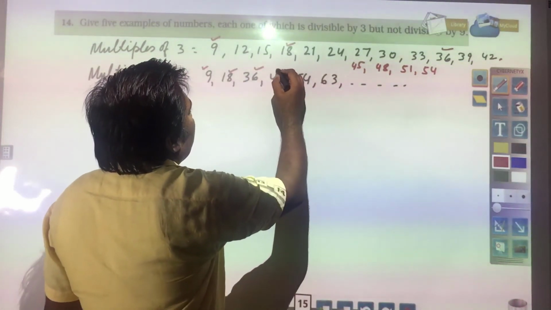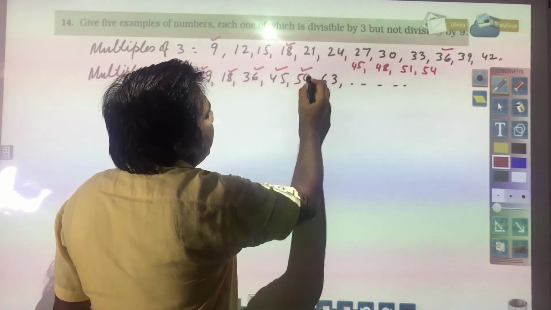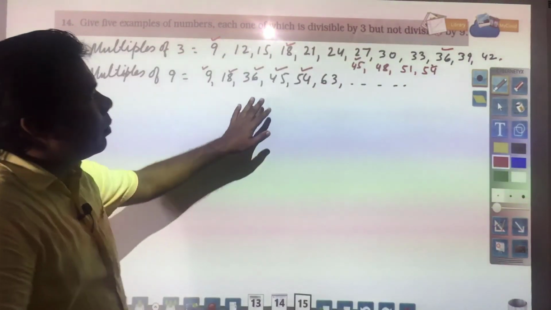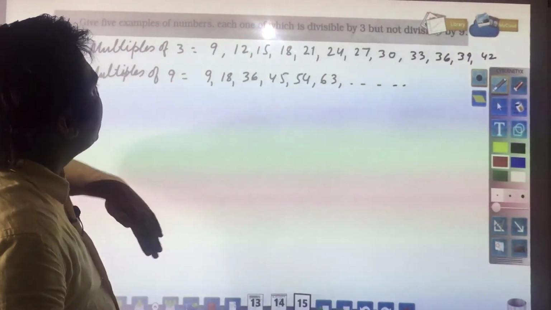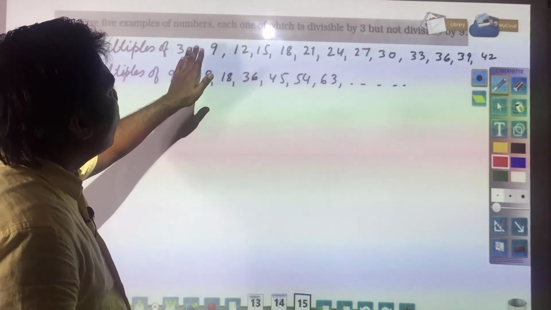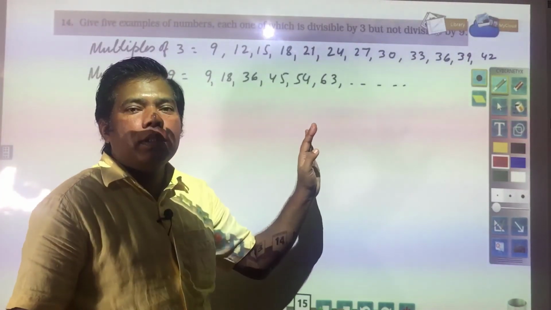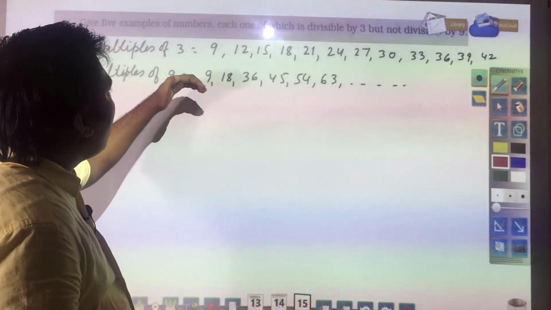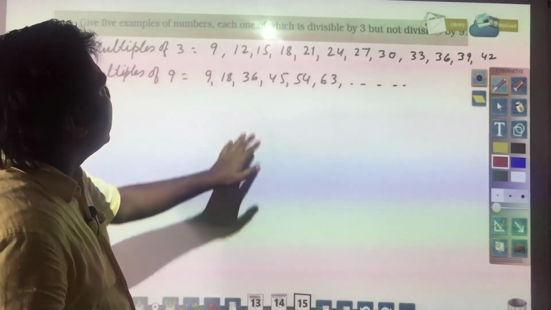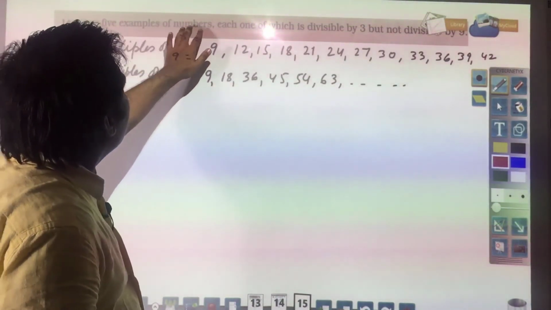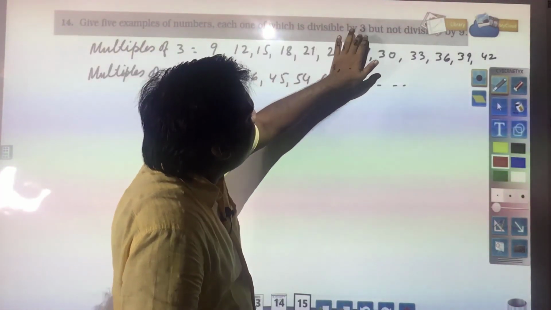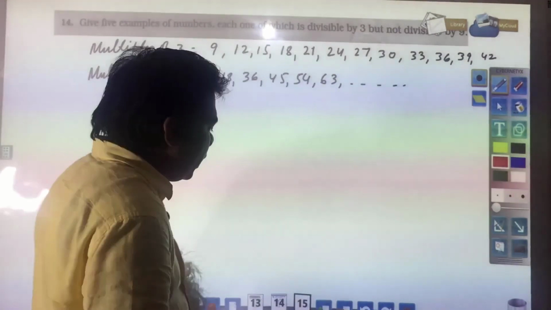So you have got 45 and 54, 5 numbers. Just you see, we need to see all the common multiples of 3 and 9 will be divisible by both, but the numbers which will not be divisible by 9 are what we need to find out.